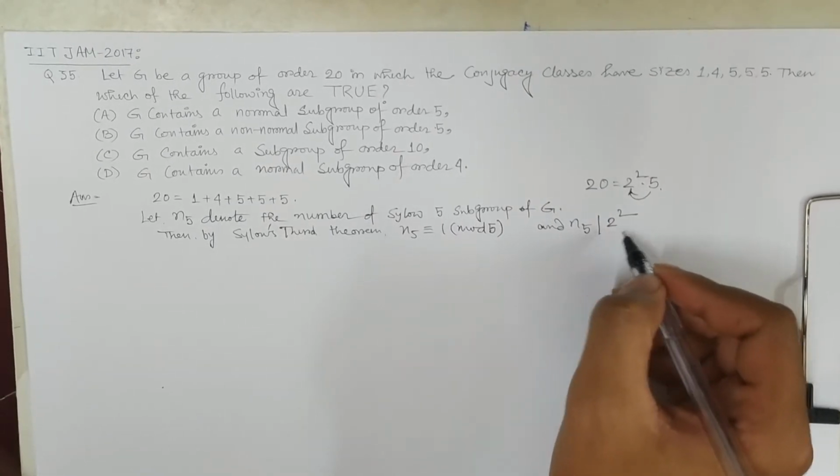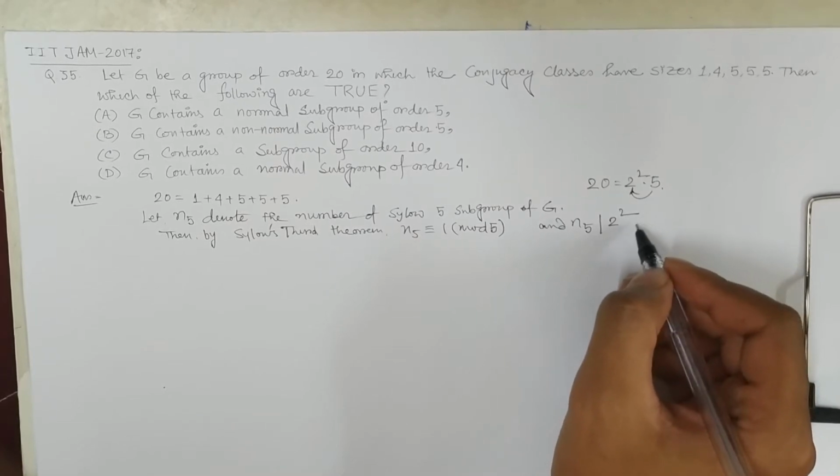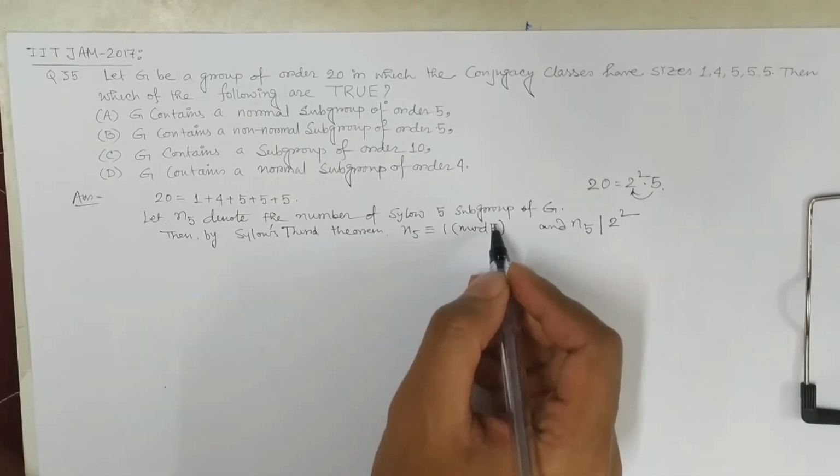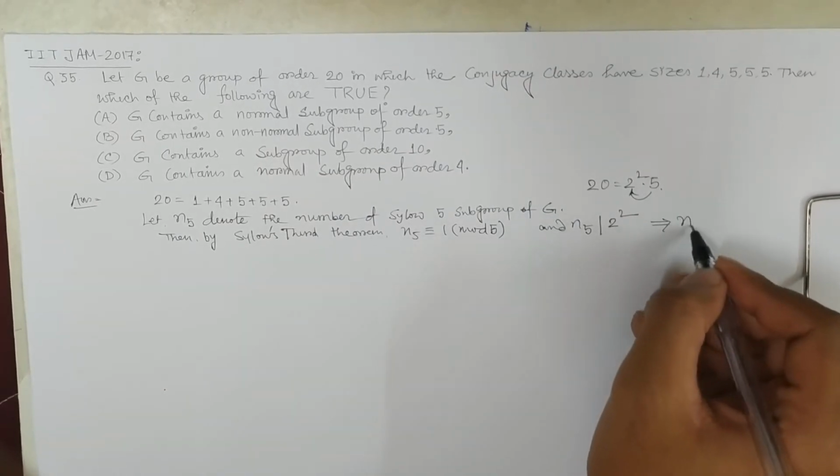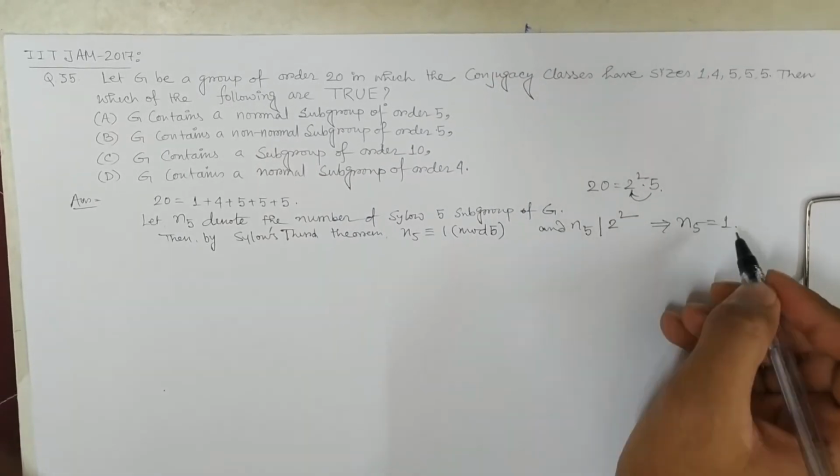So the choice for N5 is 1, 2, 4, but here 2 and 4 don't satisfy this congruence relation, so the only solution is N5 equal to 1.